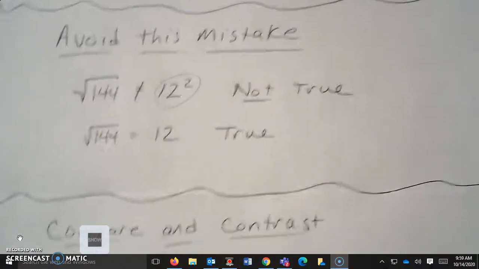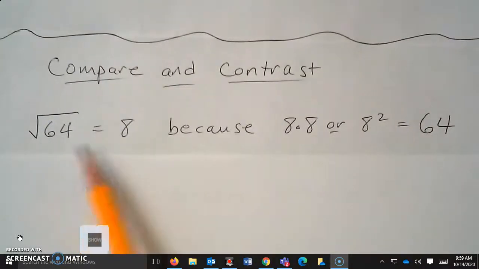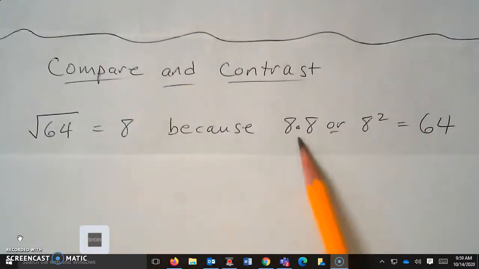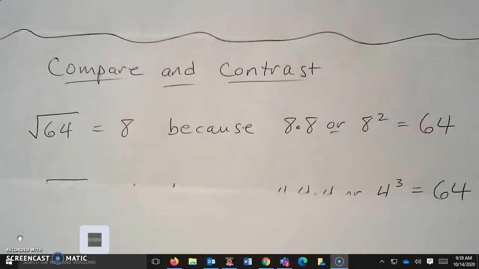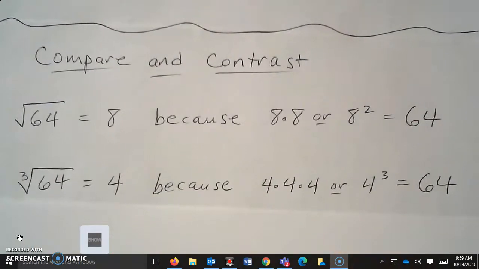Okay, so moving on to cubes today. I know we saw them already, but just quick compare and contrast. Okay, the square root of 64 is 8, because 8 times 8, or 8 squared, is 64. Should look familiar. Now the cube root, see that little 3 there, of 64 is 4, because 4 times 4 times 4, or 4 cubed, is 64.